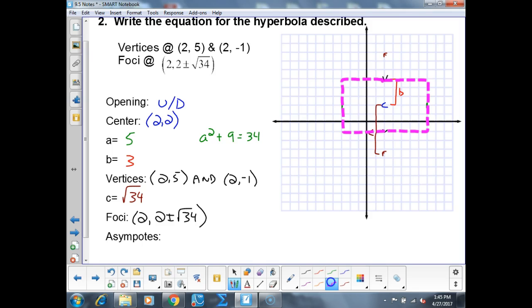Do you understand that part? What's 3 squared? 9. That's where I got the 9 from. What's the square root of 34 squared? 34. That's where I get that from, right? So subtract 9 from both sides. a squared equals 25. Take the square root of both sides. a is 5.